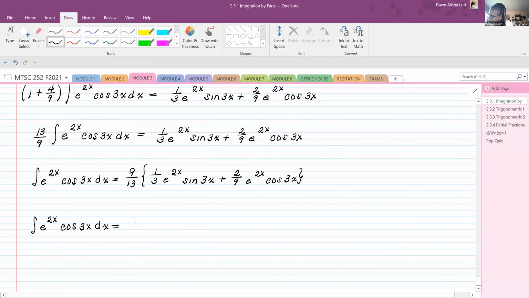So I'm going to get 1/13 times 3 e to the 2x sine of 3x plus 2 e to the 2x cosine 3x, plus my little trusty constant. I'm done.